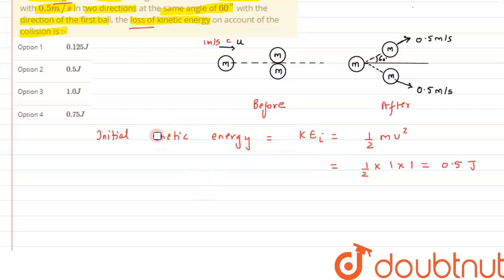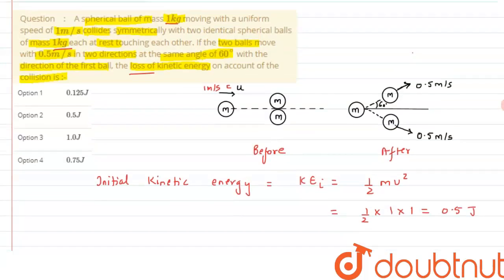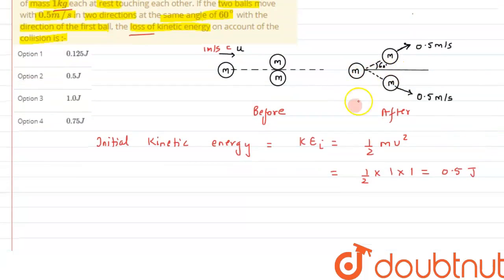Now we have to calculate the final kinetic energy. If we get the final kinetic energy, we will just subtract them to get the result. After collision, it's been given that these two balls start moving with velocity of 0.5 meter per second at an angle 60 degree. Let's suppose after collision the first ball attains a velocity of v.